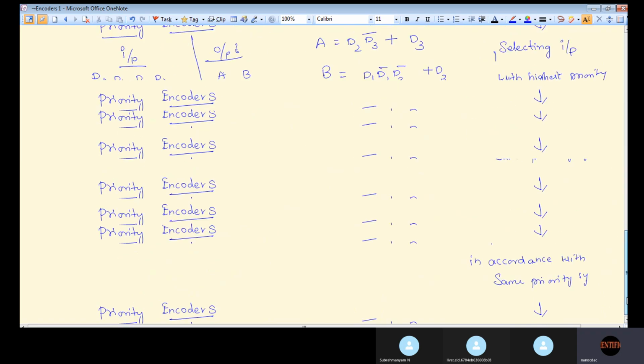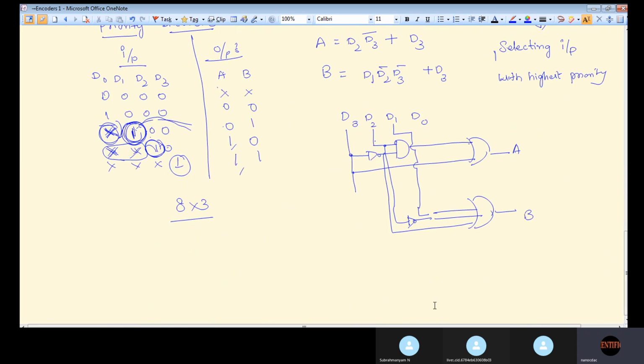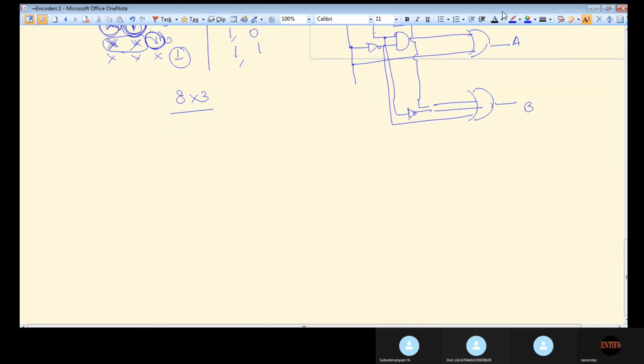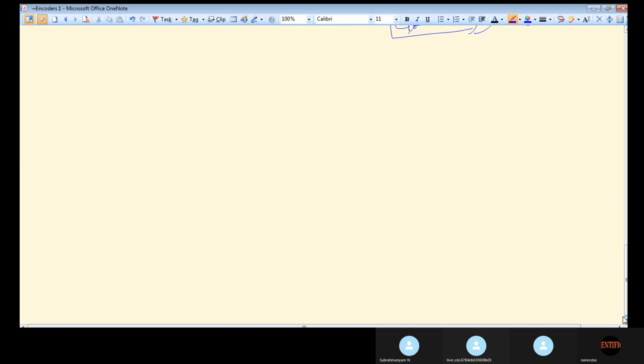Next, mux and demux, and then we'll go to the PPT. What do you mean by multiplexer?